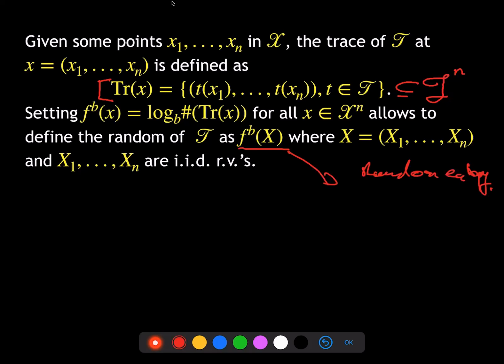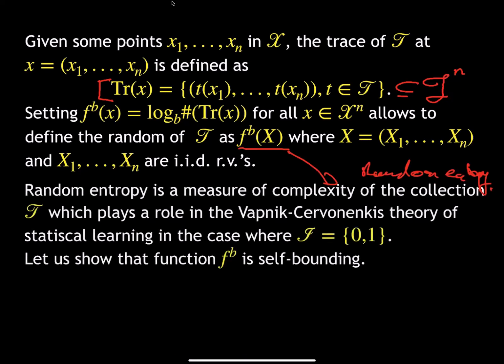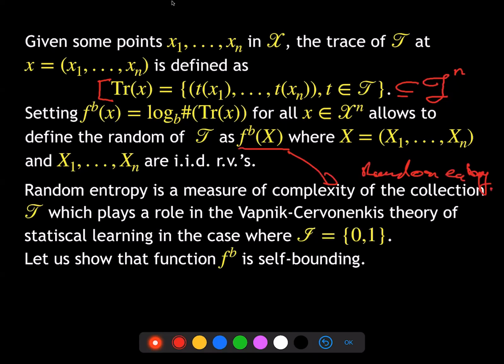This is a way of measuring the size of the set capital T. And in the situation where the set is binary here, with 0 and 1 as possible values, so you have a collection of classifiers, this notion of random entropy is a measure of complexity for the collection T, and it plays a role in Vapnik-Chervonenkis theory of statistical learning.